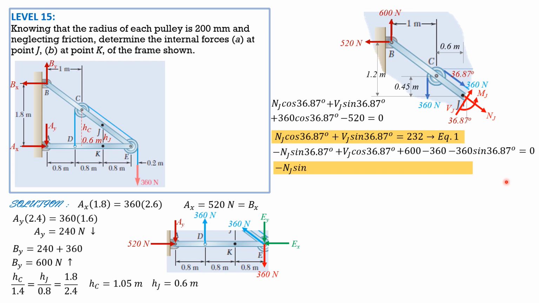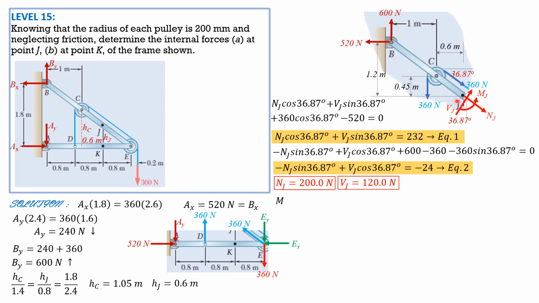So simplifying, negative NJ sine of 36.87 plus VJ cosine of 36.87 equals negative 24. Solving equations 1 and 2 simultaneously, we have NJ equals 200 and VJ equals 120 newtons.